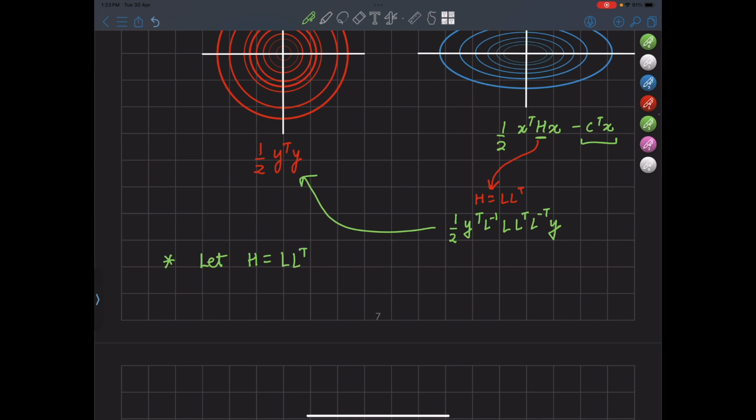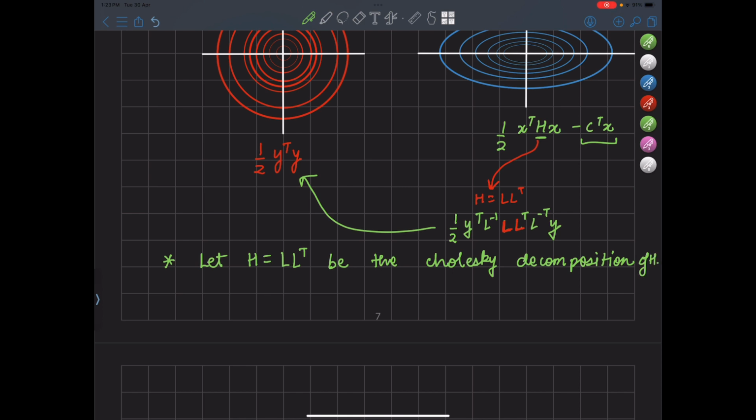Please note here L is a lower triangular matrix, and in your linear algebra course you might have learned that a symmetric positive definite matrix can be decomposed in this way, where L is a lower triangular matrix. This is the Cholesky decomposition of H.